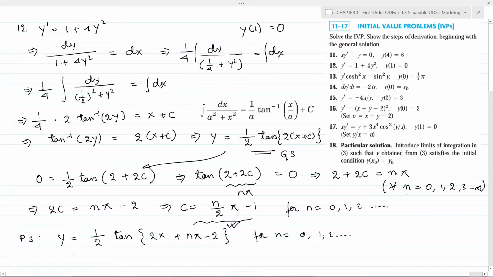For n is equal to 0, we can calculate one particular solution, which is half tan of (2x - 2). This is for n equal to 0.